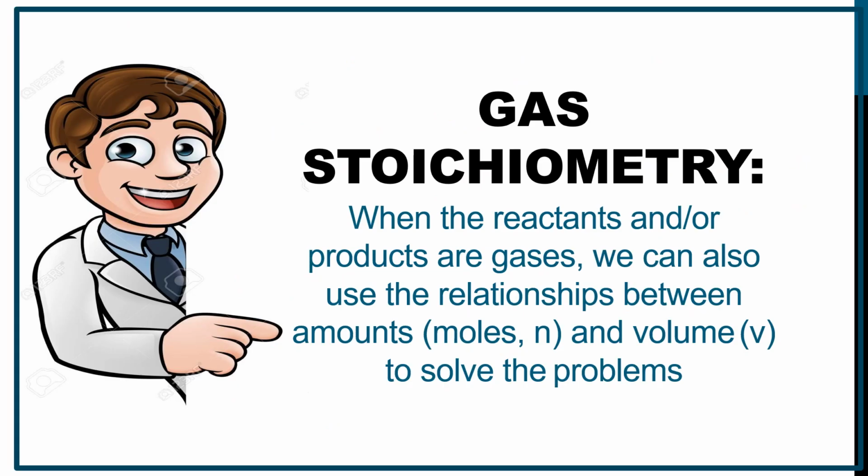Okay, next we look at the gas stoichiometry. Stoichiometry calculation involving gases allow us to convert between mass, number of mole, and most importantly is volume of gases. So kita akan gunakan gas stoichiometry ini untuk relationship between amount and volume, to solve the problem.